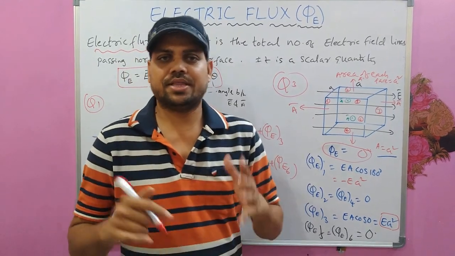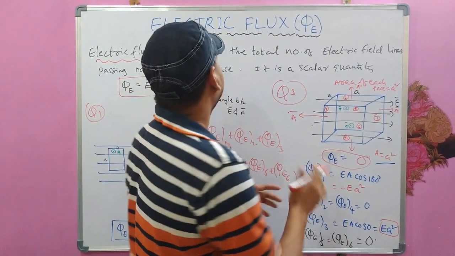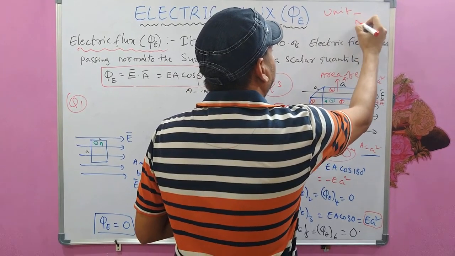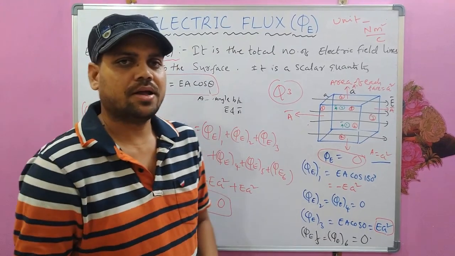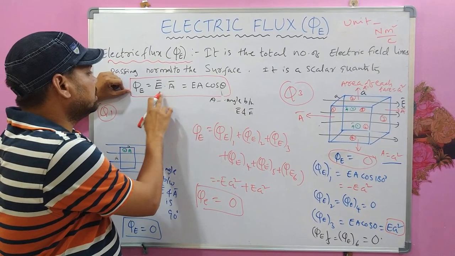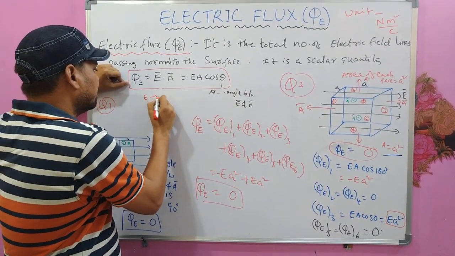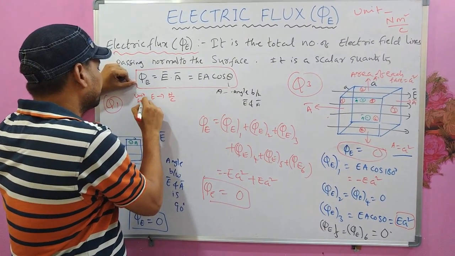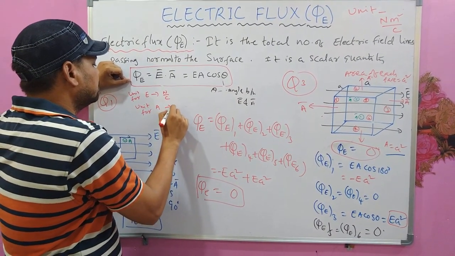And I forgot to tell you in the beginning of this lecture, electric flux has units, and unit for electric flux is Newton meter square per Coulomb. How did we get that? Because electric flux is E into A cos theta, and E has unit of Newton per Coulomb, and unit for area is meter square.